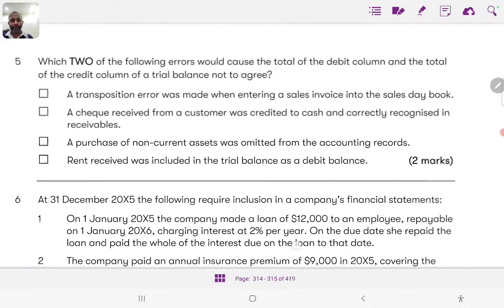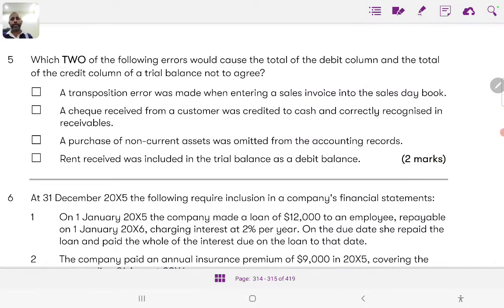And the next one: which two of the following errors would cause the total of the debit column and the total of the credit column of the trial balance not to agree? Now when we talk about errors and suspense accounts, there are certain errors which will result in the trial balance disagreeing. So we need to find them out. A transposition error was made when entering a sales invoice into the sales daybook.